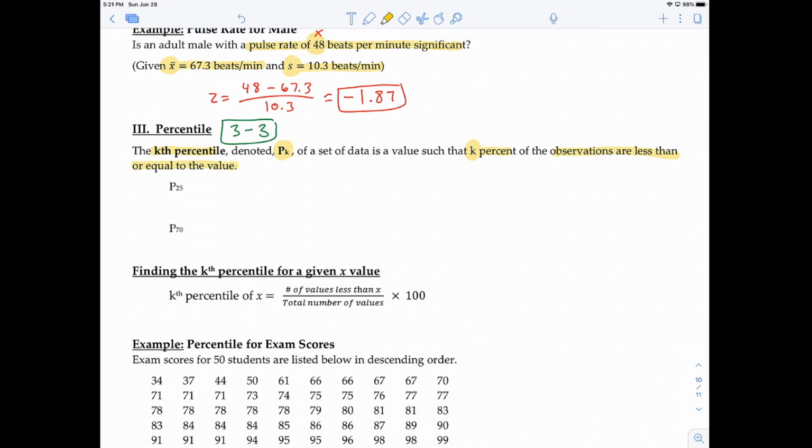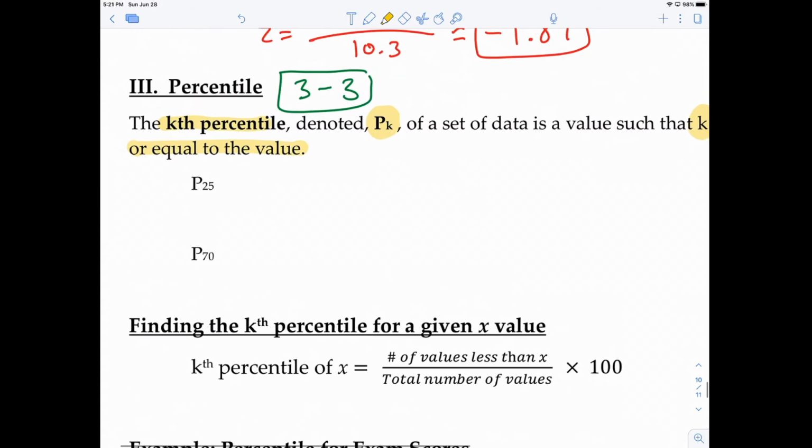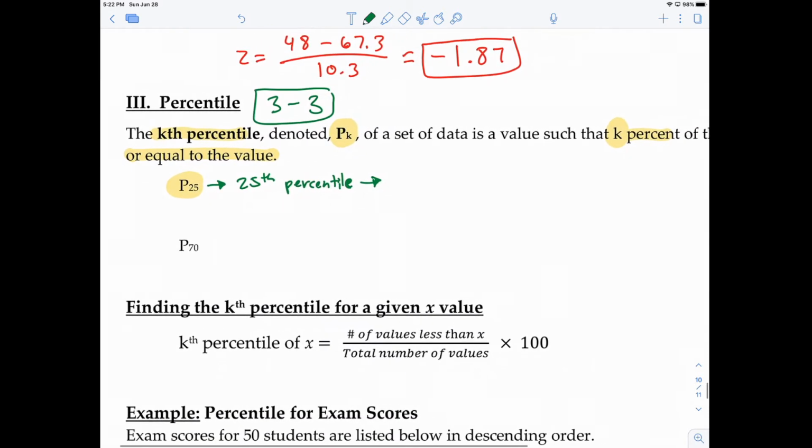Let me break this apart. Something like p sub 25 is the 25th percentile. What does that mean? The 25th percentile is a value.